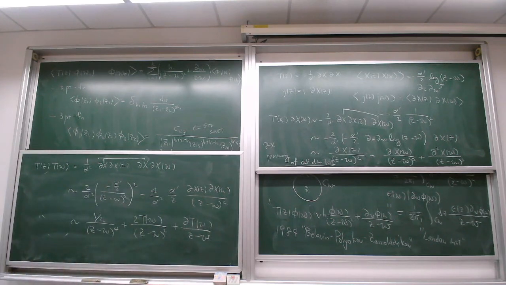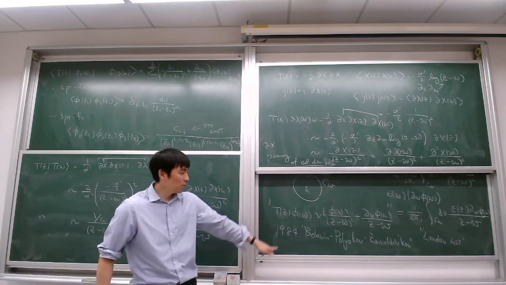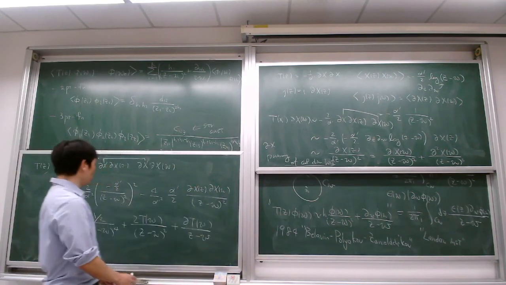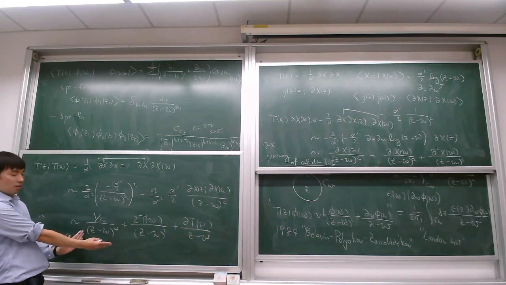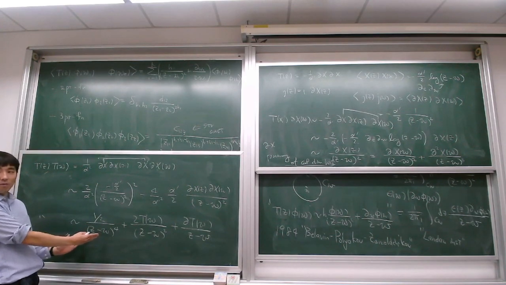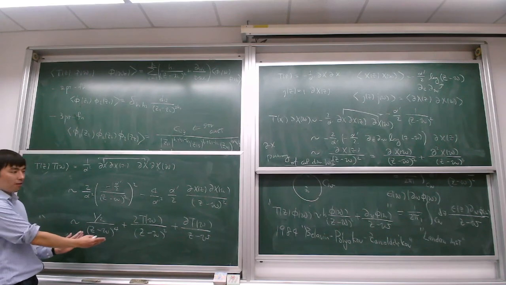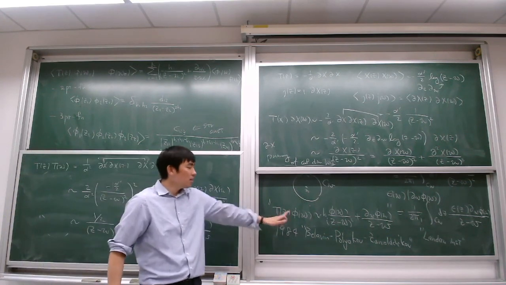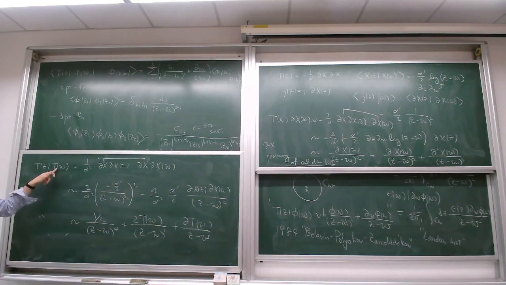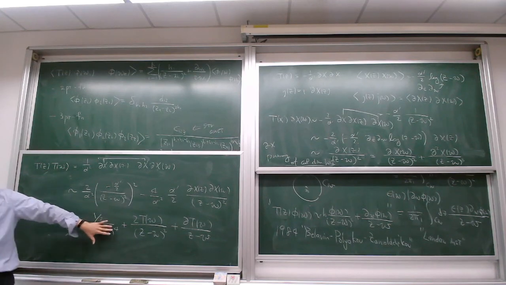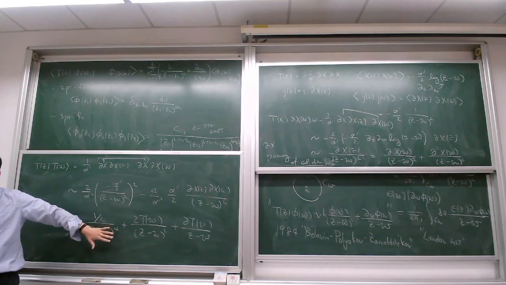So this is the OPE of the stress energy tensor. As you can compare with this one and this one, you can see that there's an extra term here, 1 over z to the 4th. Therefore, T is not a primary field, because there is an extra factor here.